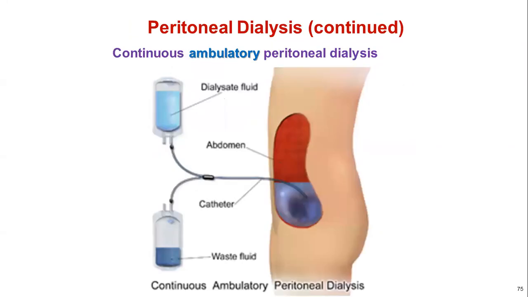In this picture, we put the sterile dialysis solution in, it is kept inside the peritoneal cavity, and then the waste product goes down by gravity and drains out into the bag.